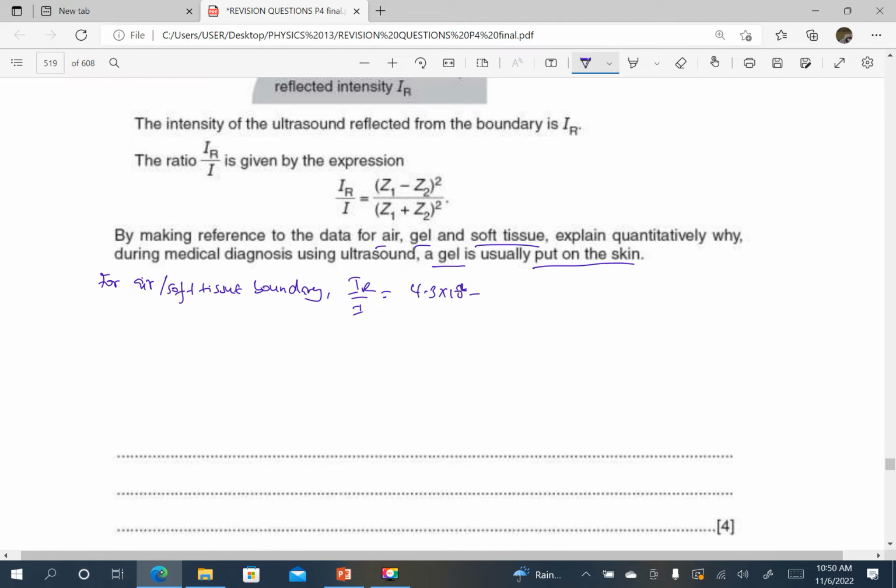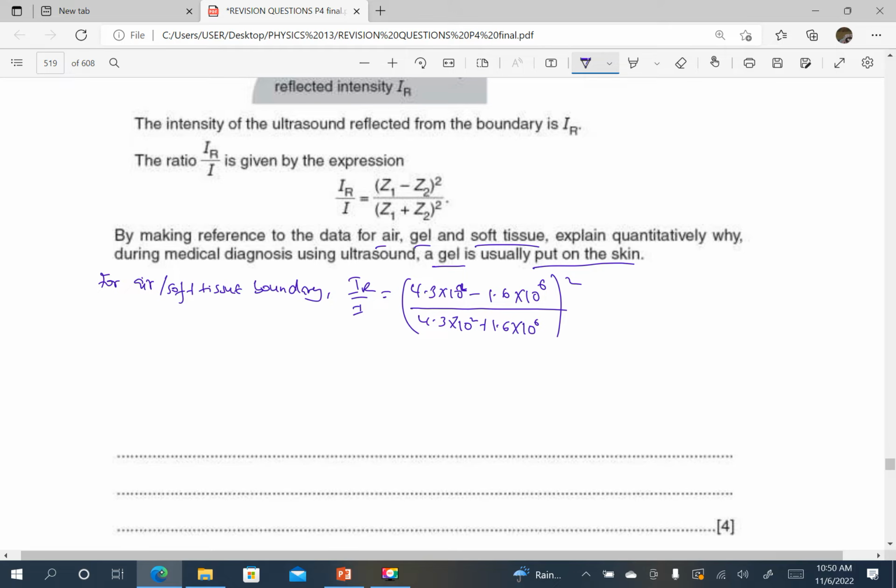Then Z2, soft tissue, 1.6 times 10 power 6, divided by 4.3 times 10 power 2 plus 1.6 times 10 power 6, and this should be squared.